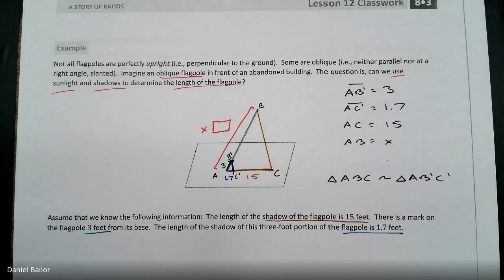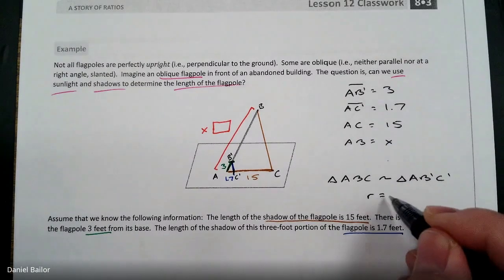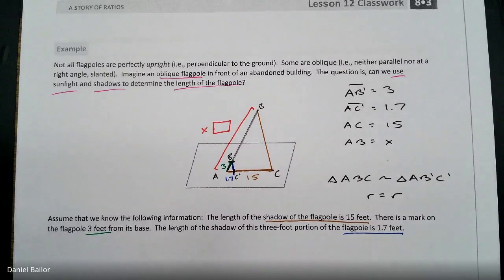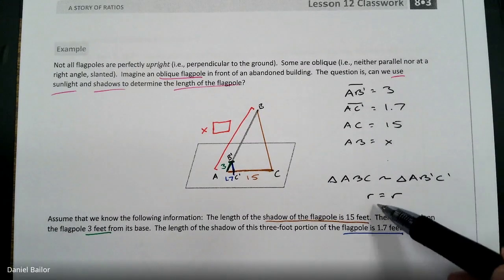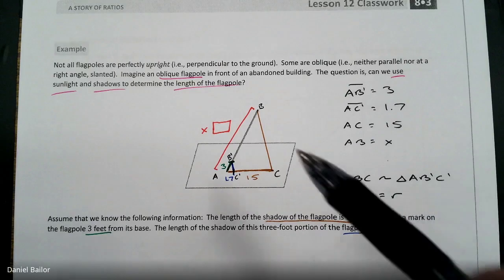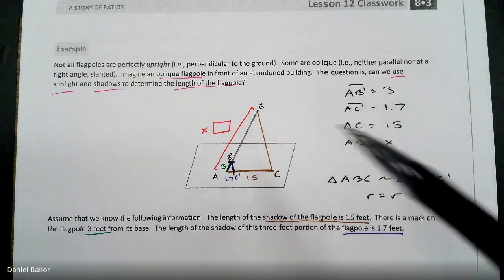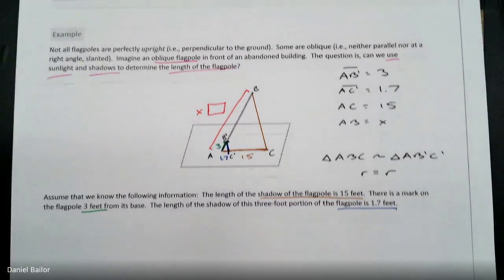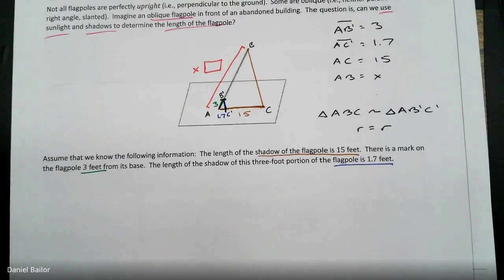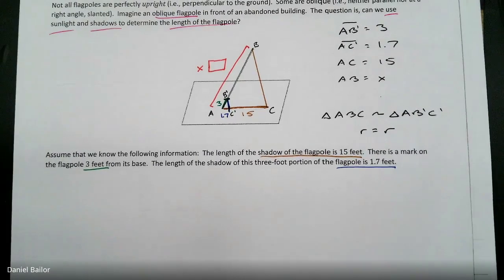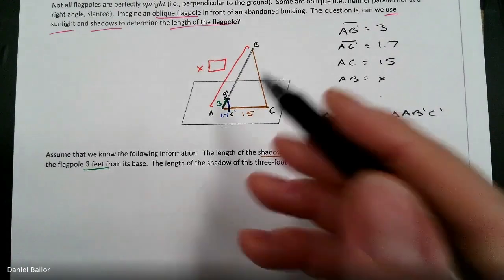And if they are similar, you know that R equals R. The scale factor for one side equals the scale factor for the other side. So we are going to use what we know to find the length of the flagpole.